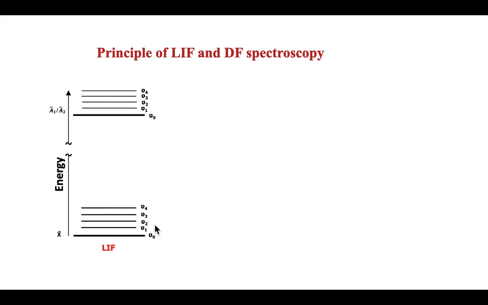Here in this figure you can see X and A, their electronic states, and the vibrational levels denoted by V1, V2, V3, etc. In the LIF experiment, the ground state population is excited to a high energy level by the absorption of laser light, followed by spontaneous emission. By scanning the wavelength of the laser, we can observe the energy level structure of the high energy level.